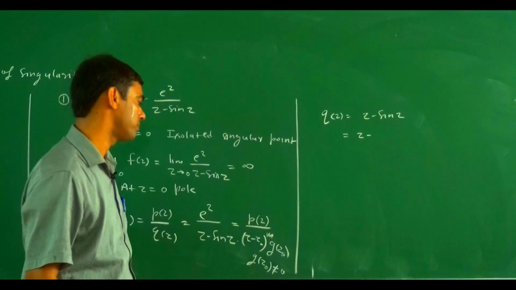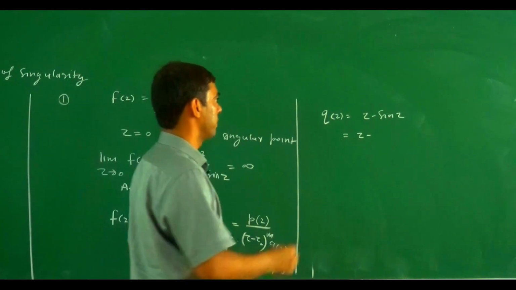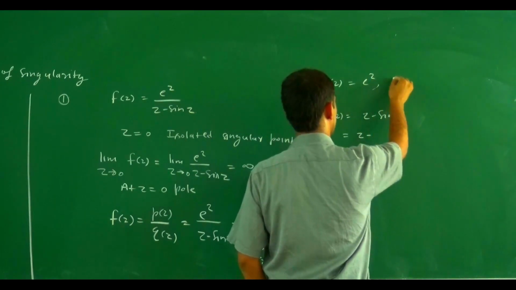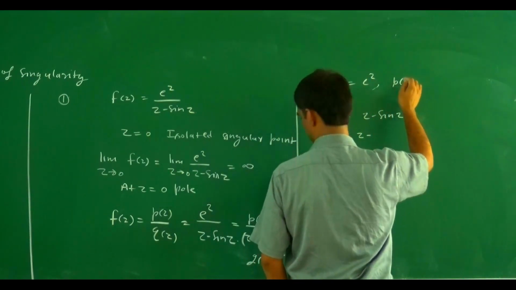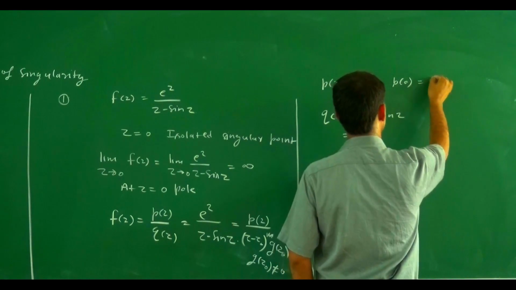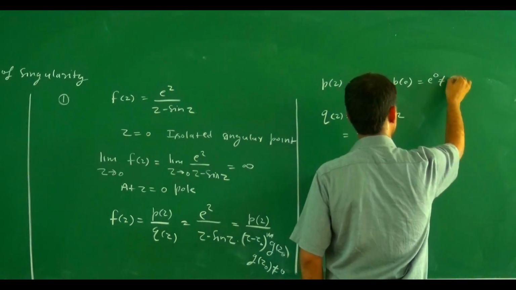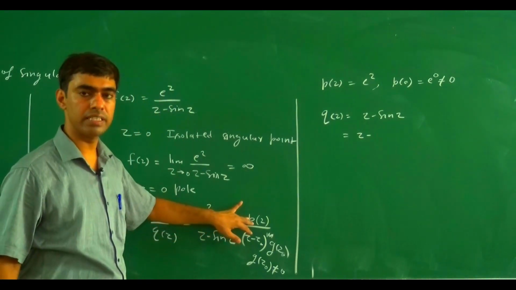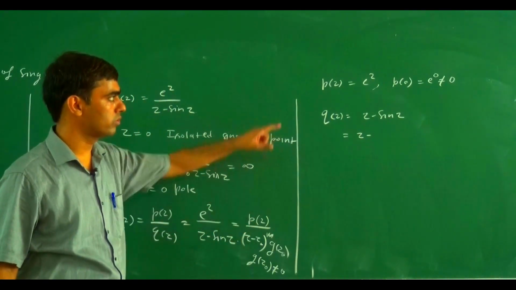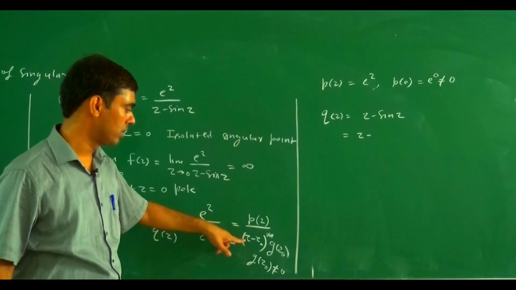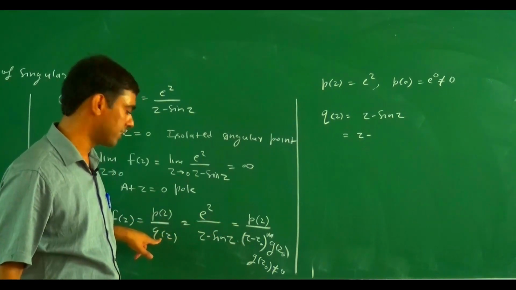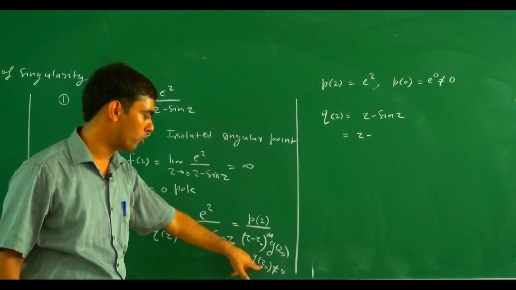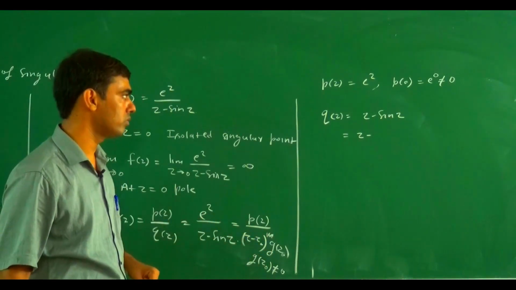Here p(z) is e to the power z, and p(0) is e to the power 0, which is not equal to 0. This is a basic condition: the numerator at z equals 0 does not equal 0. Now we try to write the denominator q(z) in the form z minus z0 to the power m times g(z), provided g(z0) does not equal 0.